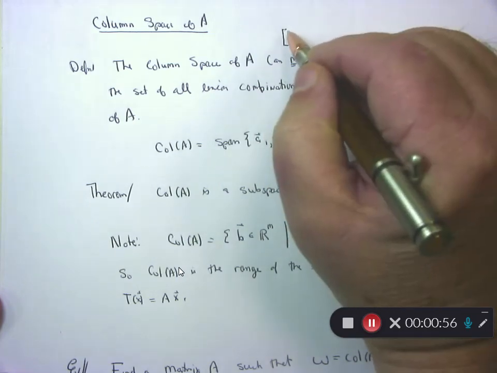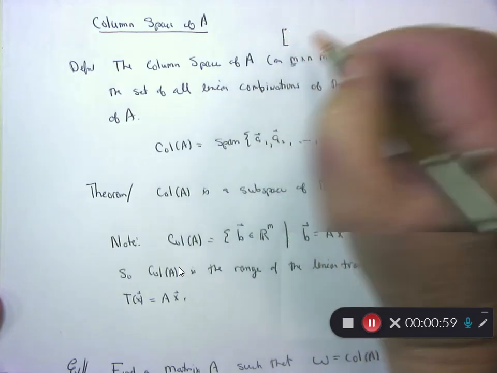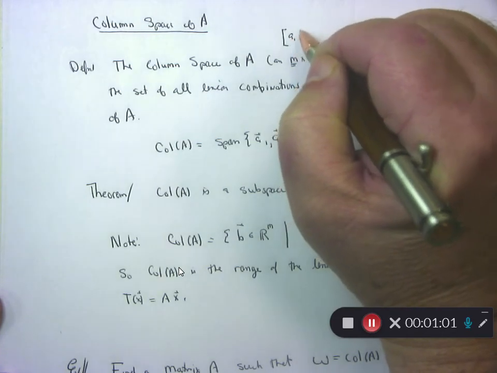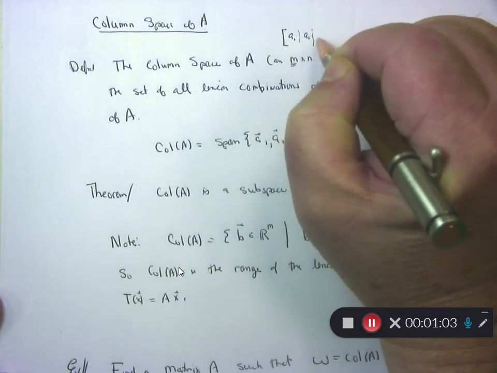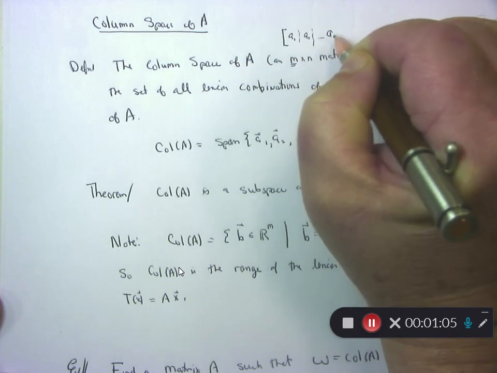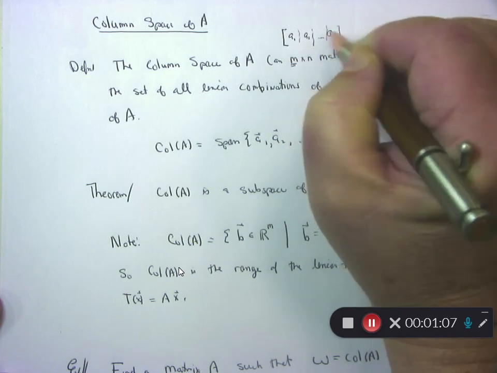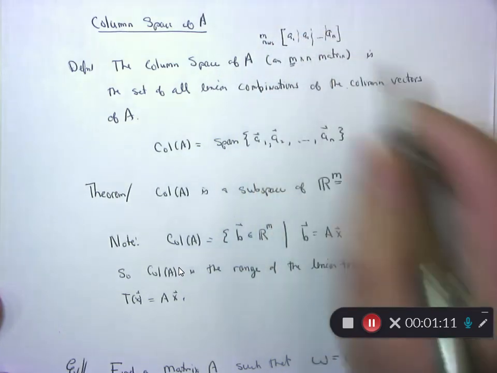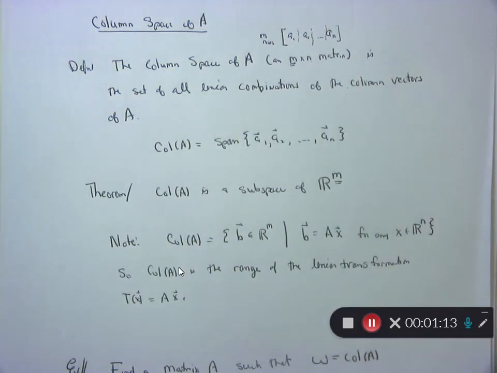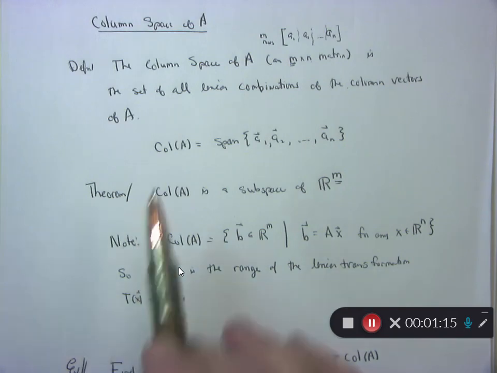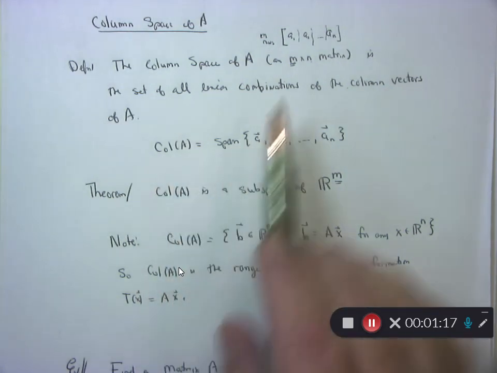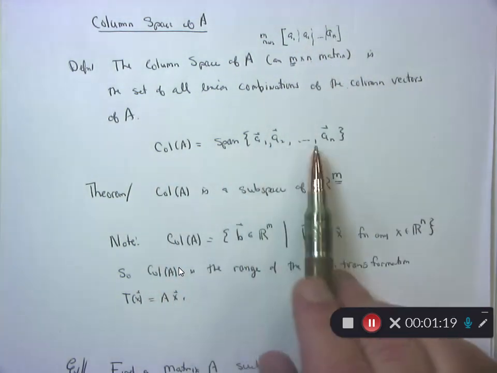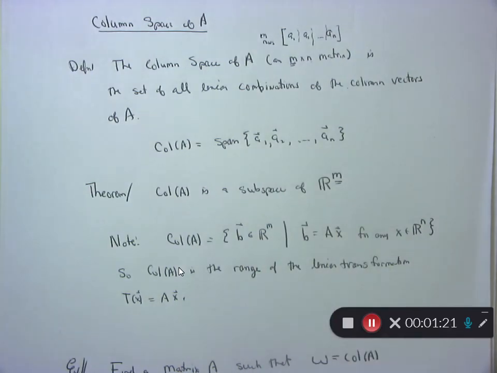If it's M by N, you've got M rows of what? N columns. So there'll be an A1 column here, an A2 column here, dot, dot, dot, out to an AN column here. And you've got M rows, just to show you that M by N matrix. So the column space of A is the span of all the column vectors. Okay? That's what we've done before.